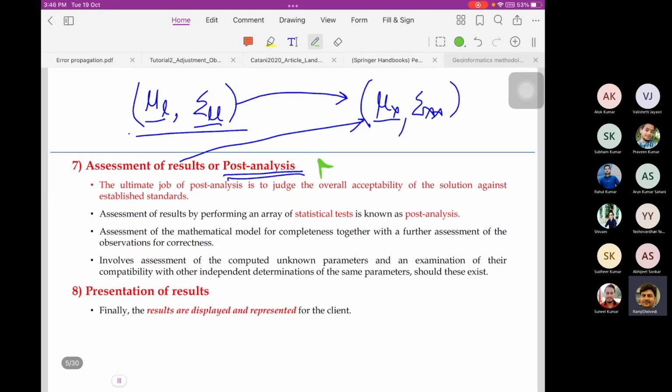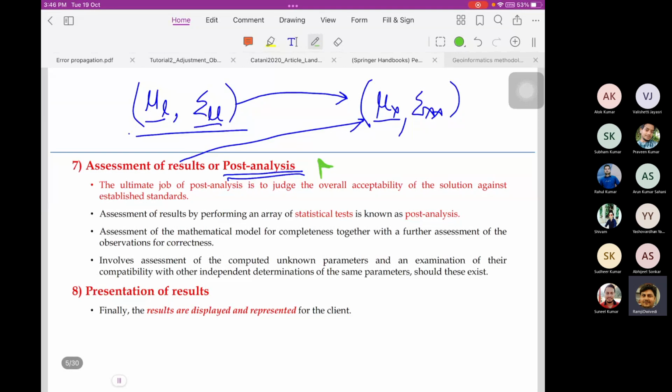Who would tell us? The post analysis part would tell us whether you have achieved the required precision or not. So our ultimate job of the post analysis is to judge the overall acceptability of the solution against the established standards.